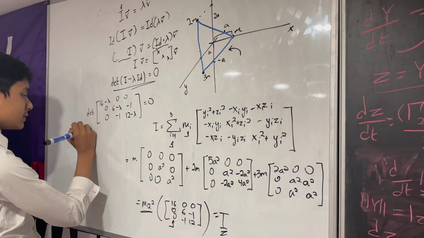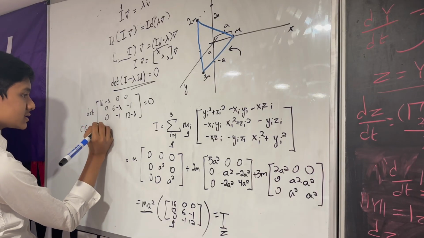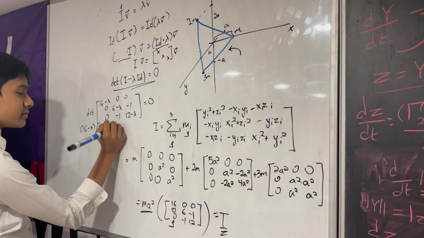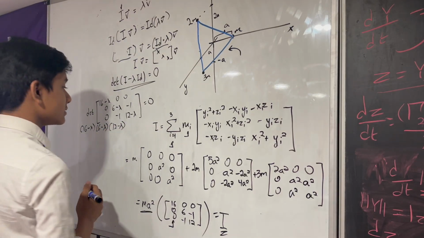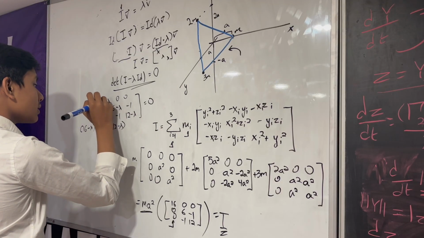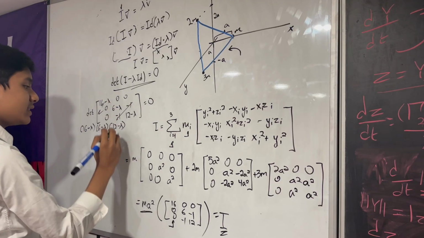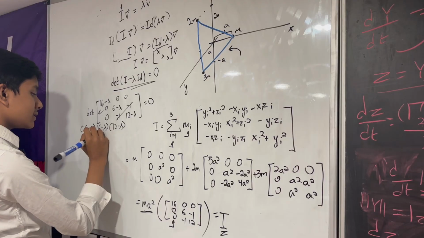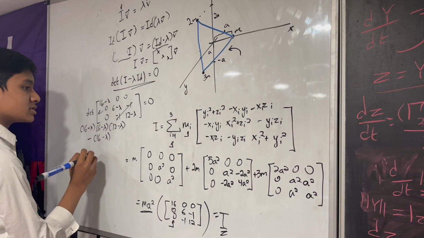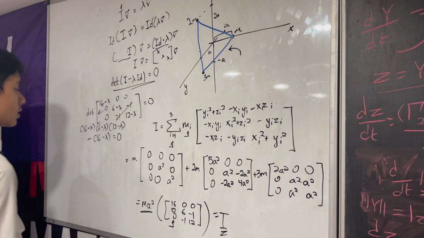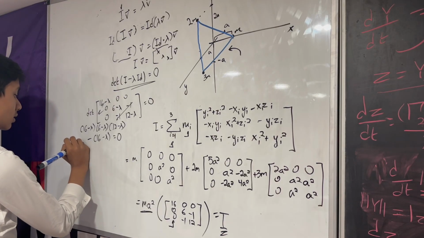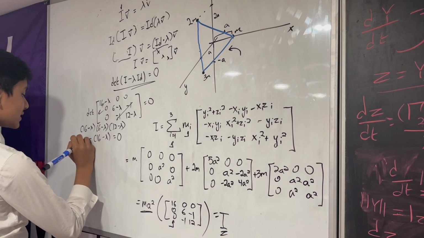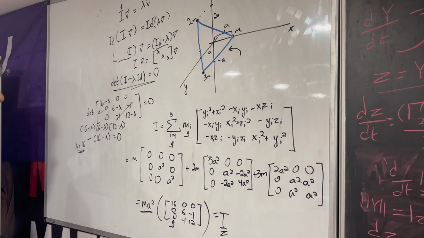Well, 16 minus lambda times 6 minus lambda times 12 minus lambda, and hopefully you can tell everything else is 0, except going over this way, this term minus 16 minus lambda is non-zero. Okay, so now we can clearly see one of the eigenvalues is 16, pretty unique.